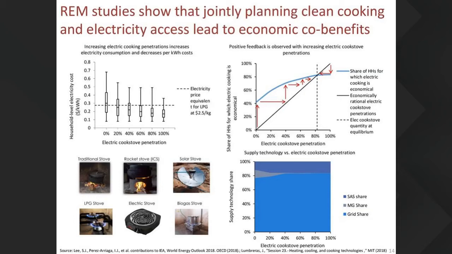Most traditional stoves are very polluting. They have very high human costs and environmental health costs, and they can cause a number of other environmental problems. And really there are two main clean cooking technologies that are viable at very large scales, both LPG and electric stoves.